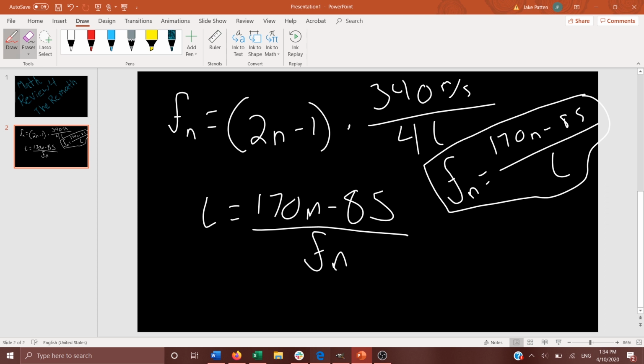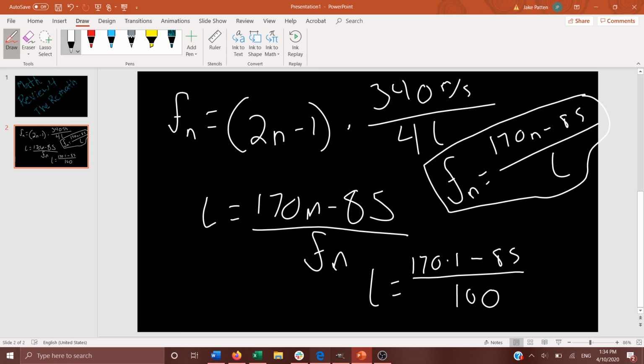So let's test this out. We'll use the numbers that we just used in the previous frequency. So we know that L is what we're looking for. L equals 170. Now remember, n is going to be the first resonant frequency, so we can say that it's 170 times 1 minus 85 over, and here we're given that 100 hertz is the first resonant frequency.